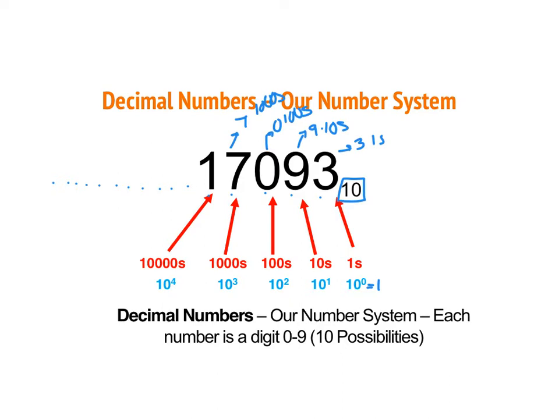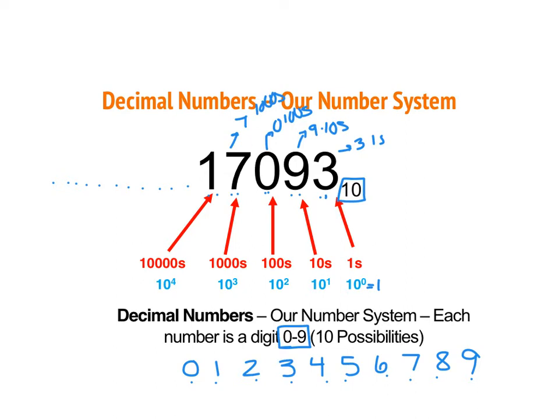The other detail I want you to notice here is that all of the digits that make up a number in the decimal number system are digits from 0 to 9. So we have 0, 1, 2, 3, 4, 5, 6, 7, 8, and 9. And if you count, that's 1, 2, 3, 4, 5, 6, 7, 8, 9, 10 possibilities.